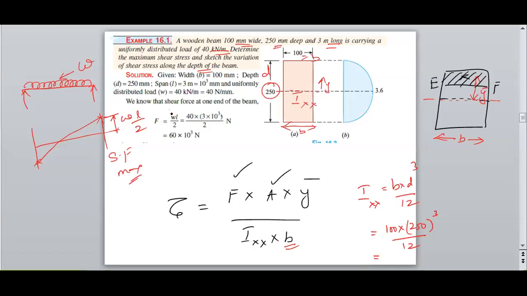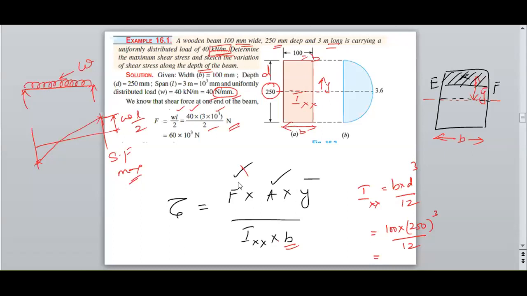I have converted this W into Newton per mm; initially it was given as kilonewton per meter. The maximum shear force is equal to 40 into the length of the beam in mm, divided by 2, which gives the shear force applied on the beam.